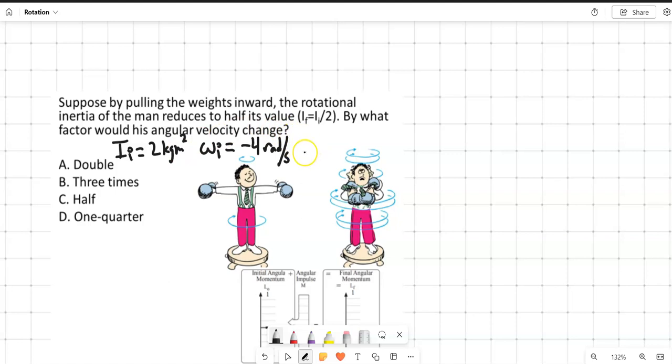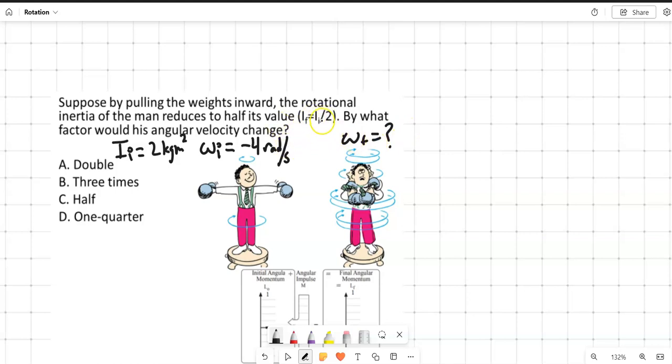So what they're saying in this problem is, suppose they're spinning clockwise, and they want to know what is going to be their spin rate, omega final. That's what we need to find when they bring their arms in.